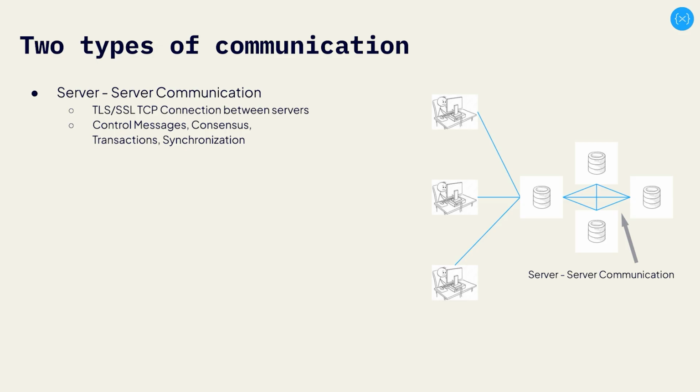On the other hand, we have server-to-server communication. These are TCP connections between the servers through which servers talk to each other, sending various control messages, passing consensus messages, sending newly or old submitted transactions, synchronizing with the network, and other communications necessary for the blockchain. All right, we can move to the main topic.